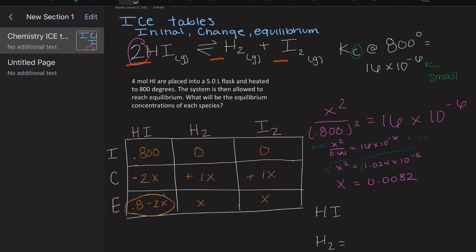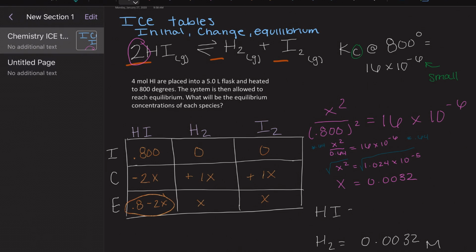Since in the equilibrium row, H2 and I2 were actually just equal to x, we know that their equilibrium concentrations were 0.0032 molarity. It's molarity, because for ice tables, we use concentration, not moles. Make sure that that's something you're paying attention to, because it will catch you up.